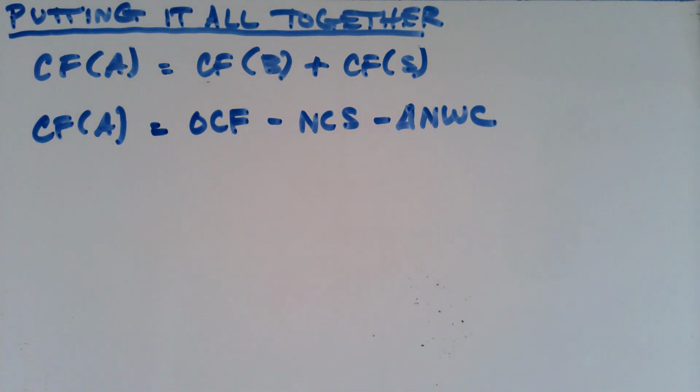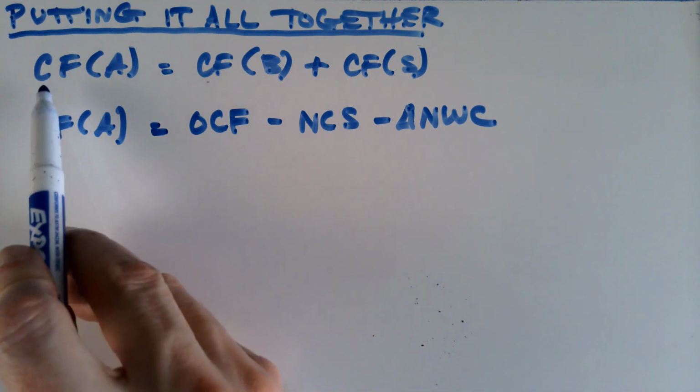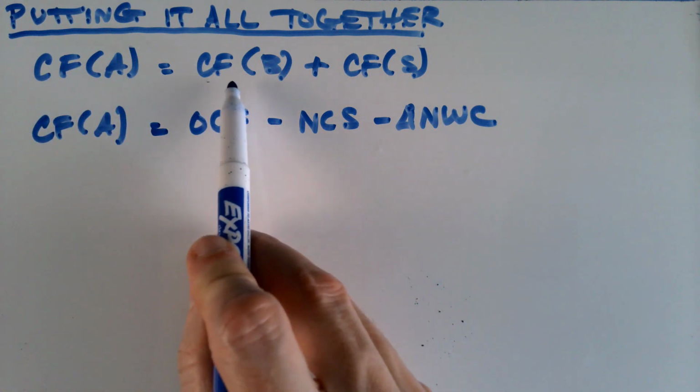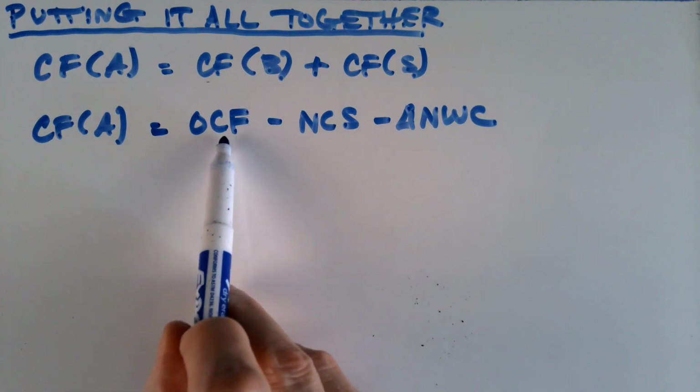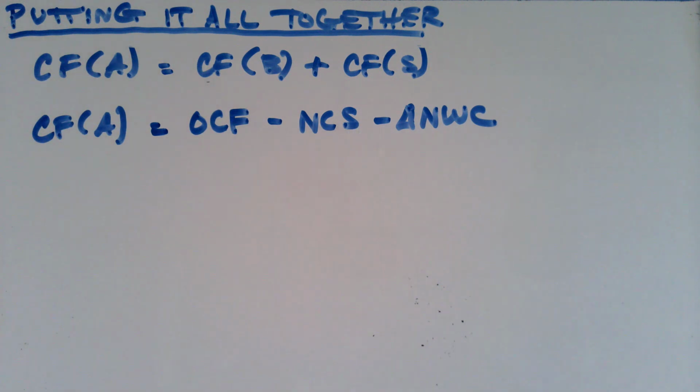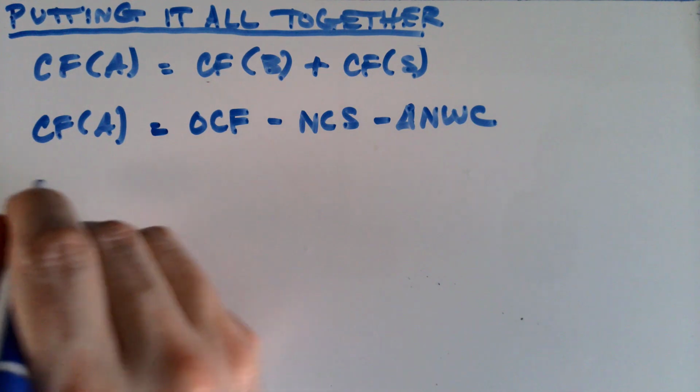Now let's put all of this together. We know that cash flow from assets is equal to the cash flow to the creditors plus the cash flow to the shareholders. We also know that it's equal to operating cash flow minus the net capital spending minus the change in net working capital. Therefore, we know that this must be equal to this, and so we can write it this way.